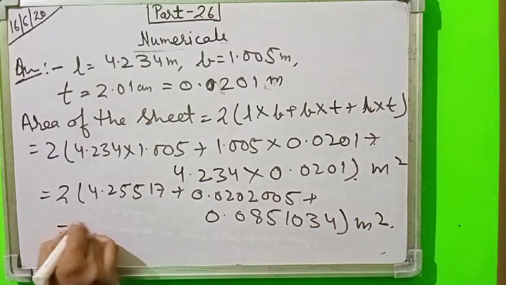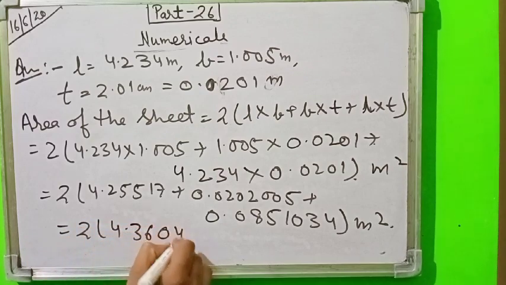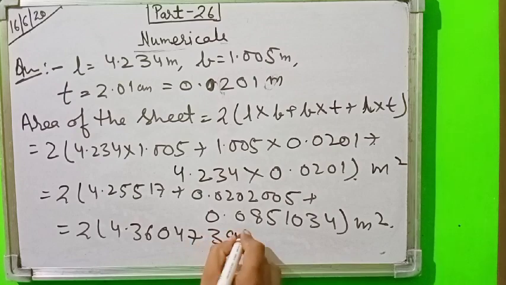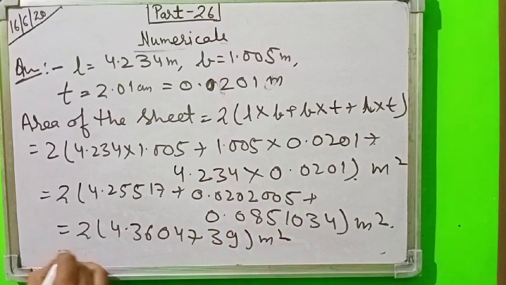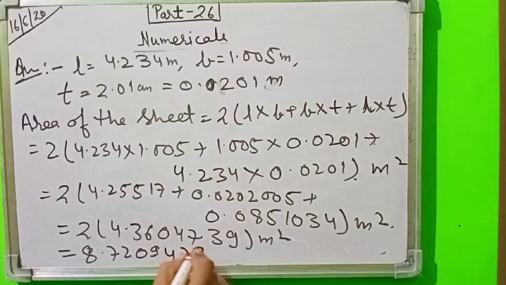And from here we get 2 into 4.360473 meter square. And here we get 8.7209478 meter square.